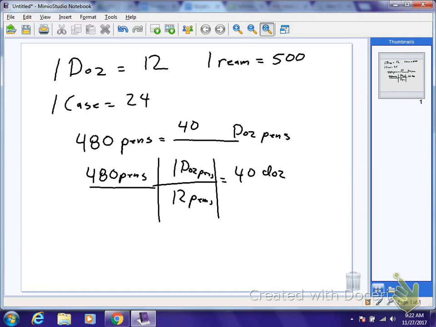I will tell you this. Some students don't like to be detailed in their setups. And then they struggle. They might not struggle right away. Like some of you were able to go, oh, that's 40, because you go in your head, 12 goes into 48, 4 times into 0. Okay, that'd be 40. You can do it that way. But we're going to have multiple steps that we'll deal with. So if you get bad habits now, when we get tougher and longer setups, you're not going to get them right.